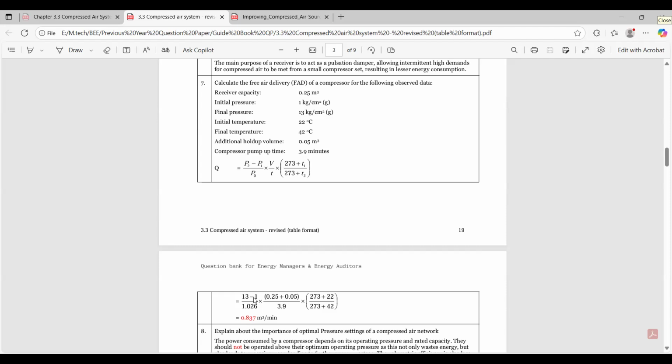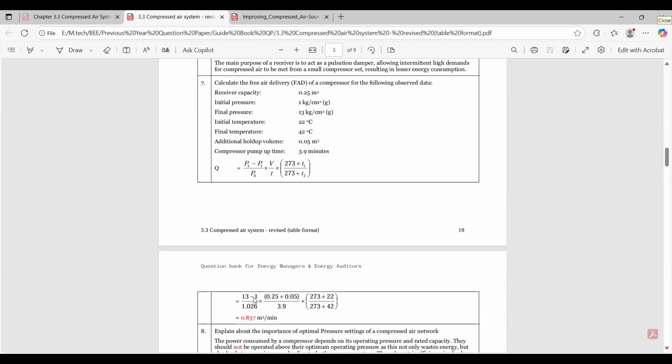So 13 minus 1 only they carried out. That was my query. P0 is an absolute pressure, and P2 minus P1 is in gauge only, right? So P2 they didn't convert, they took it as it is.